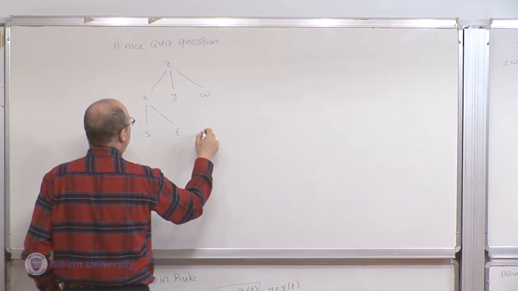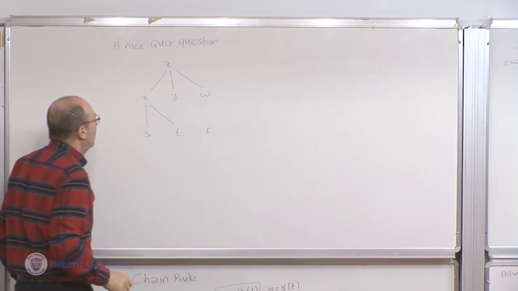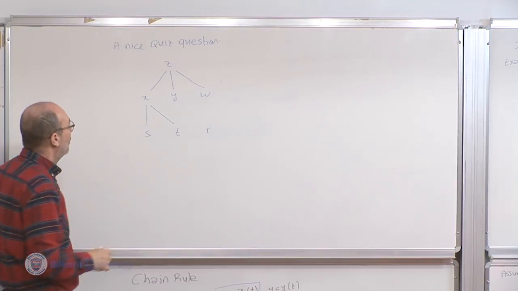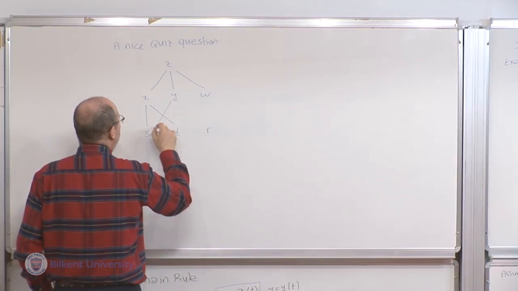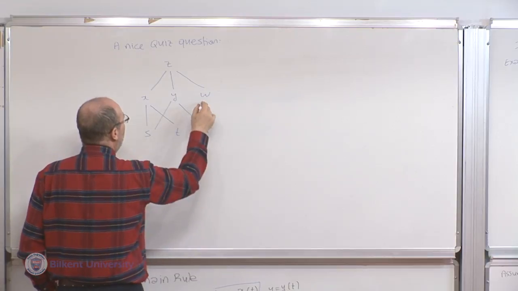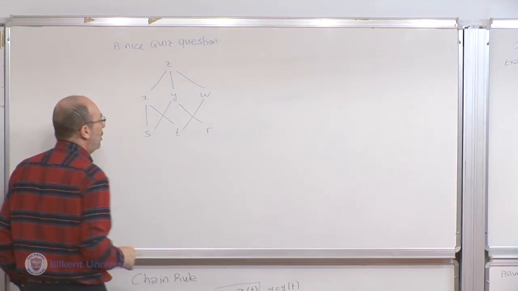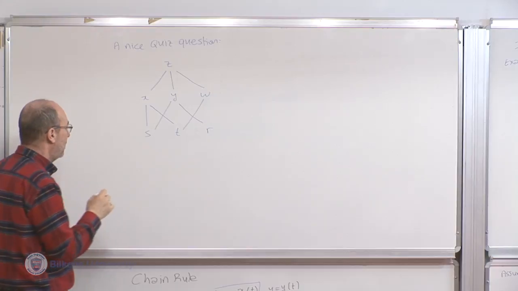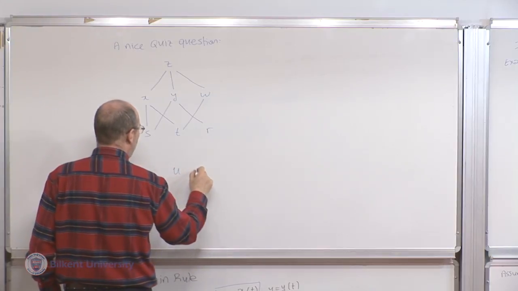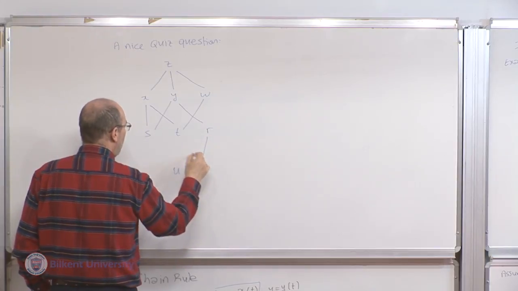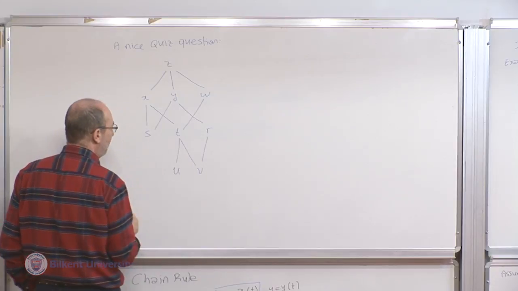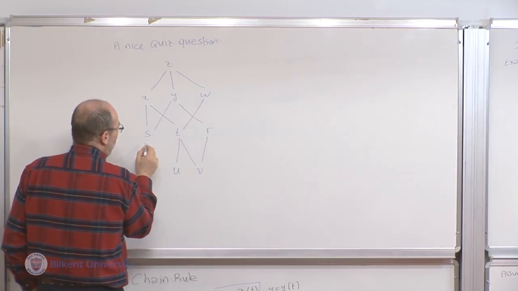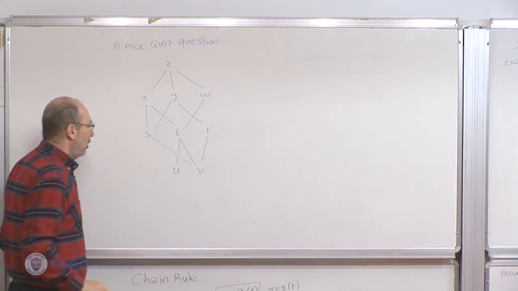Let's say there is another variable. y depends on s and r. w just depends on t. We are inventing these things, and there are two more variables, u and v. r depends on v, t depends on both of them. Just to make life complicated, s depends only on v.